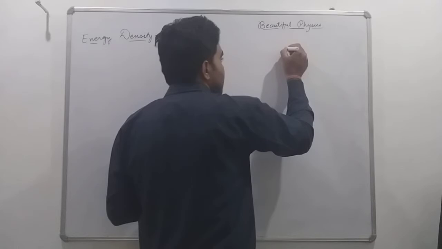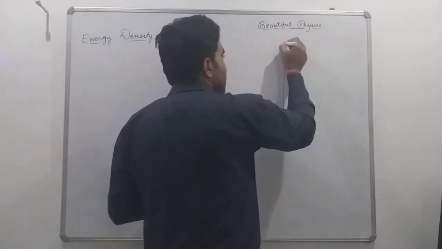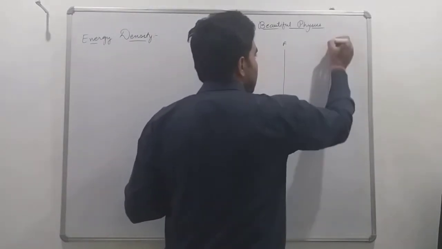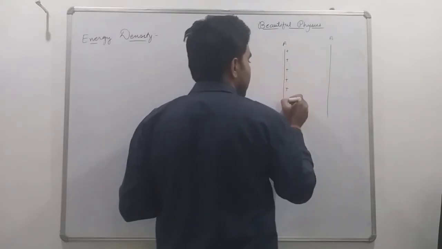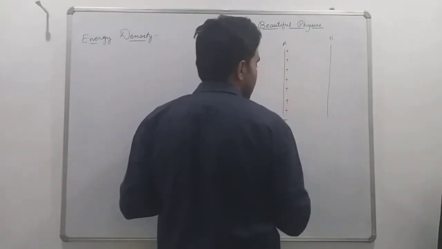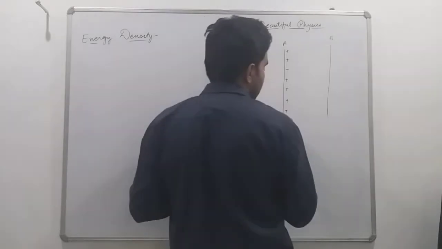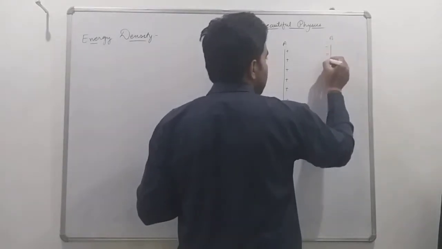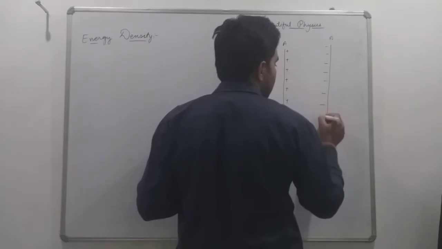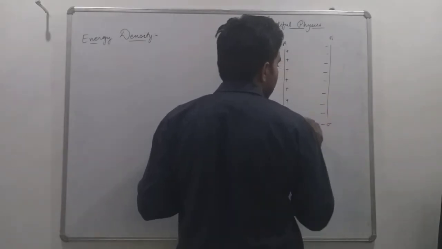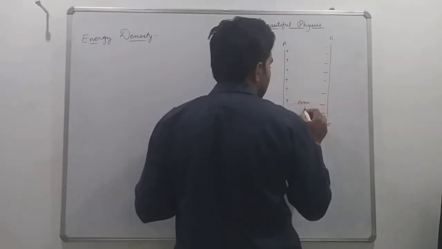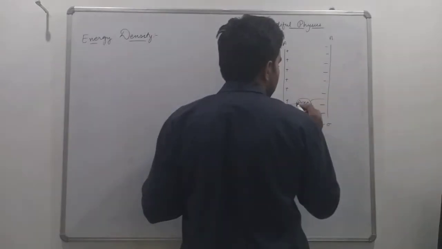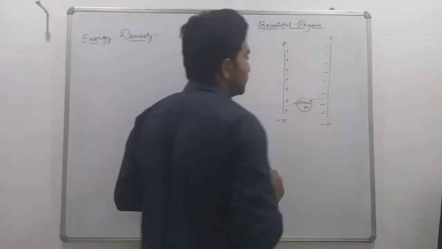Again we are considering the same case. Suppose we have a parallel plate capacitor having two plates A and B, where plate A is positively charged with charge density plus sigma, and plate B is negatively charged with charge density minus sigma, and each plate has the same area of cross section A.